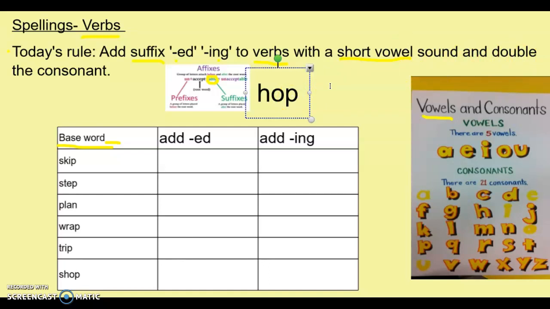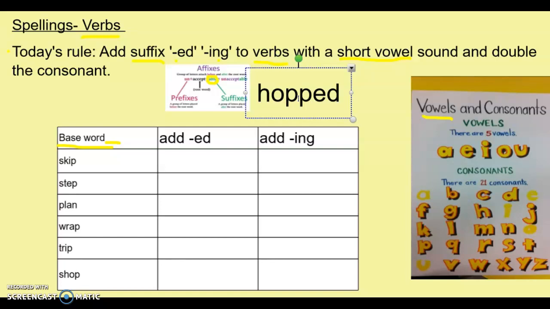It's really important in this word hop, so when I change it to the past tense, I want to add ed, that I double the consonant because I know it's got a short vowel sound here. It's an O and then it's followed by one consonant. I would put another consonant and then I would add my suffix ed.